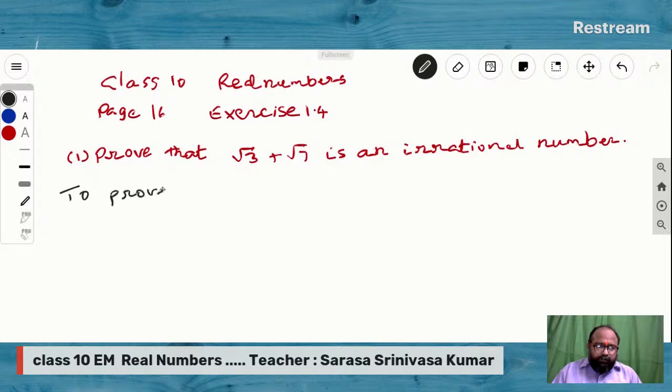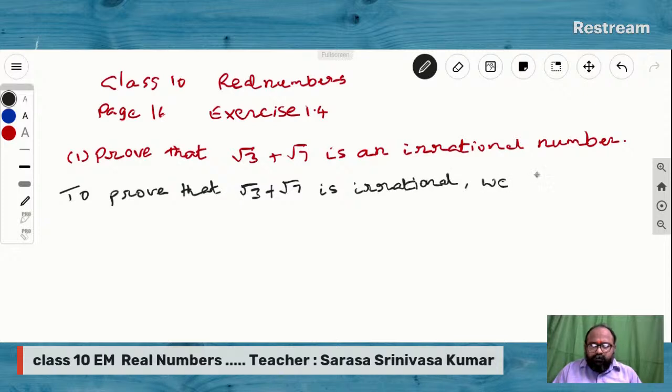To prove that square root of 3 plus square root of 7 is irrational, we follow the contradiction method.